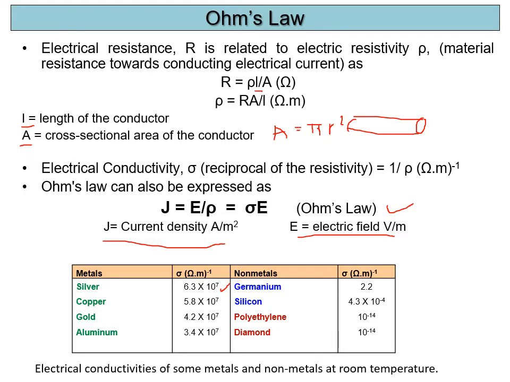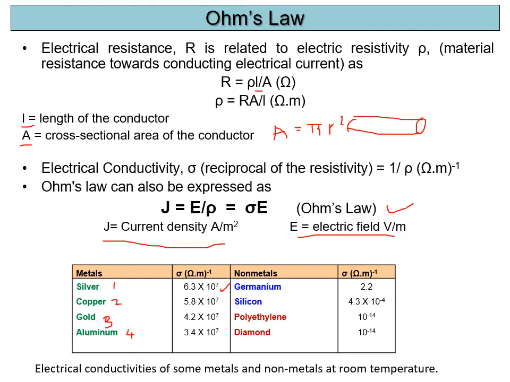Suppose gold were to be the first, maybe it's not pure gold. So in this case, silver is number one, copper number two, gold number three, while aluminium is number four.